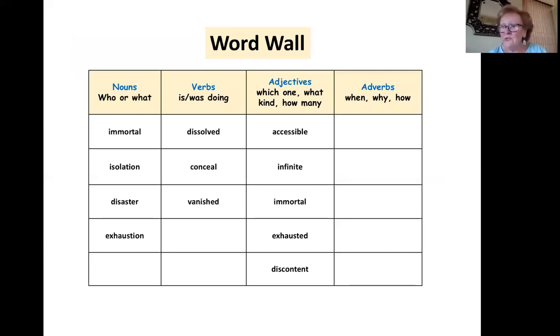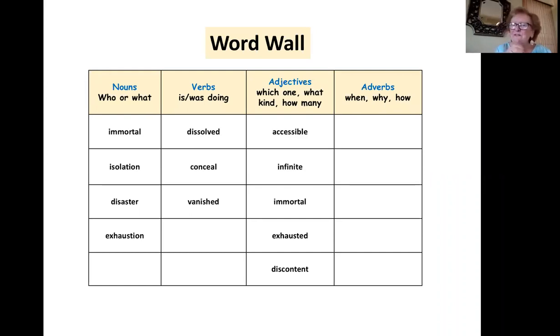Word wall was also under that column of represent, and that probably seemed like a different one to you, because oftentimes our word walls serve different purposes. Well, why not take your words and have them arranged based on part of speech? Why do we teach part of speech as part of a definition? Why do we find it in the dictionary, for instance? Because part of speech conveys the kinds of questions that particular word can answer.